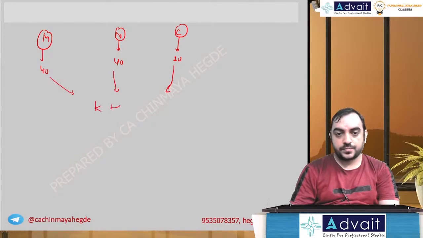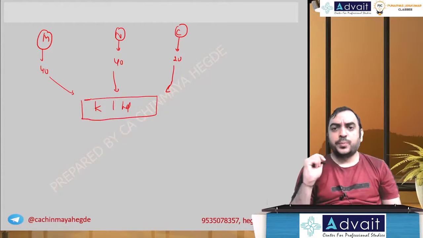K Limited looks like a joint venture entity, right? Because a separate vehicle is there.